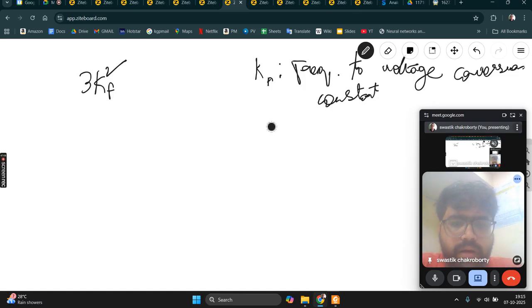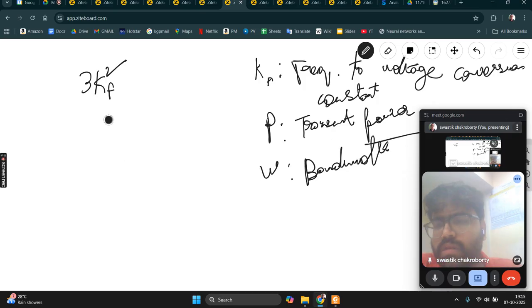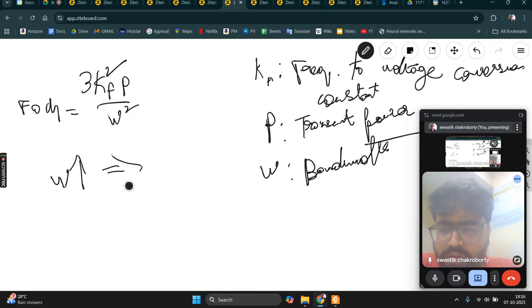P is the transmit power, and W is the bandwidth. So it is 3kf square P by W square. So as you can imagine, as bandwidth increases, FOM will decrease.